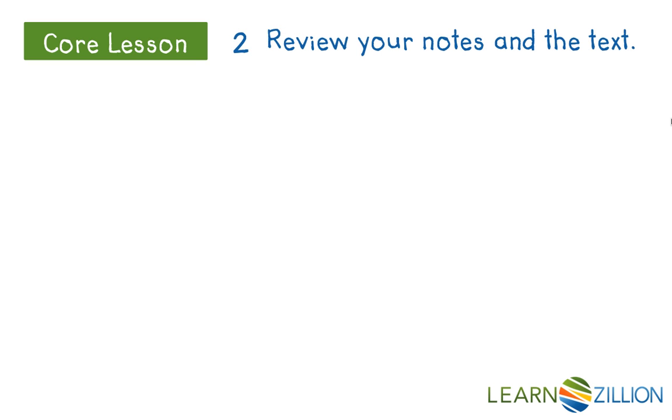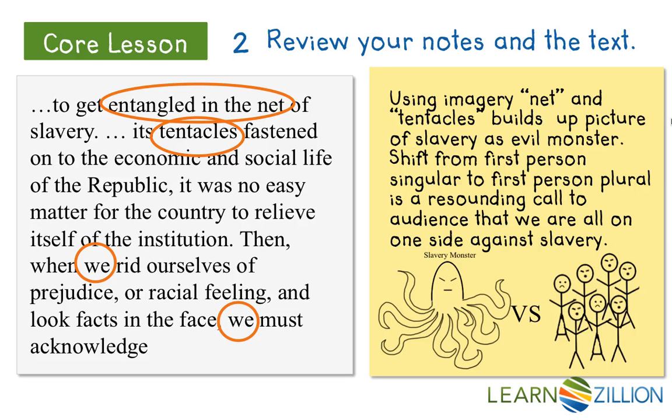Step 2 is then to review my notes and the text. So I'm looking now over notes that I took when I was first reading over Chapter 1 and the different things that I've circled and the notes that I jotted down. I'm especially looking for the main ideas that I had in my simplified prompt.